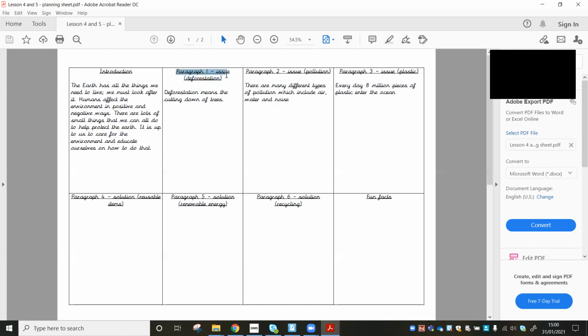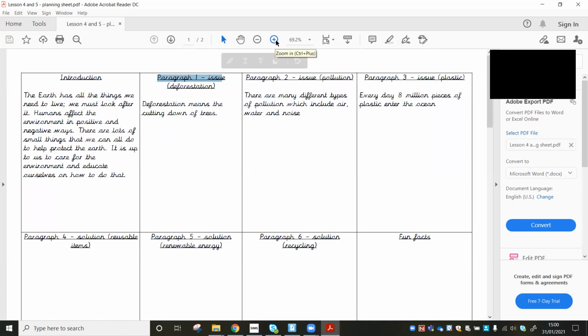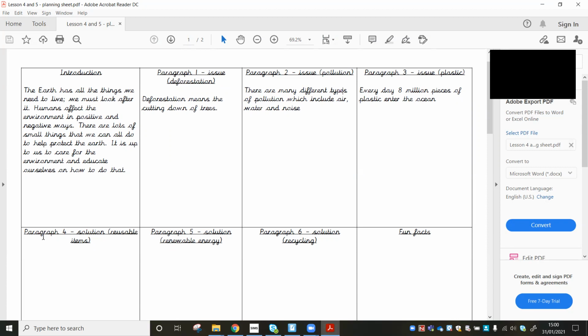So I chose to do a deforestation paragraph, a paragraph all about pollution, and then a paragraph about plastic. And they're the 3 that I chose to do. You may well have different ones. That's absolutely fine.